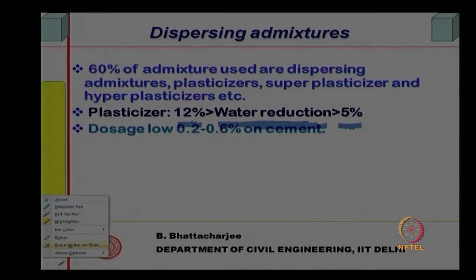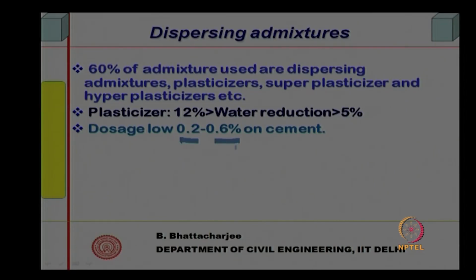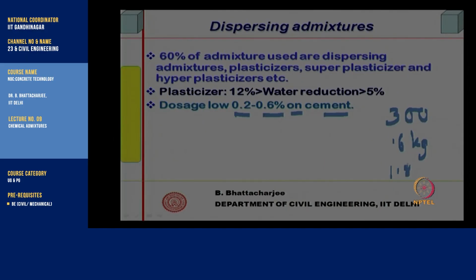The dosage, the amount you add, is generally only 0.2 to 0.6% of the cement. So, if you have 300 kg of cement, 0.2% of that would be 0.6 kg in a meter cube, and 0.6% would be about 1.8 kg.